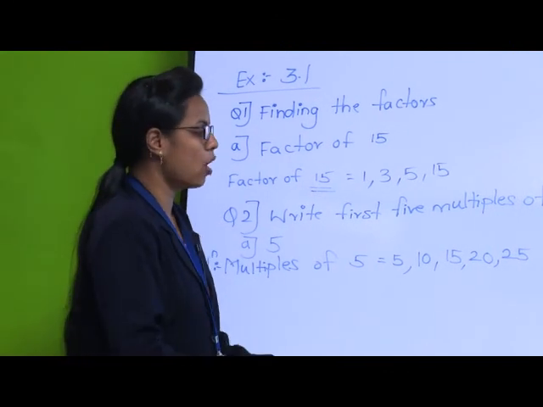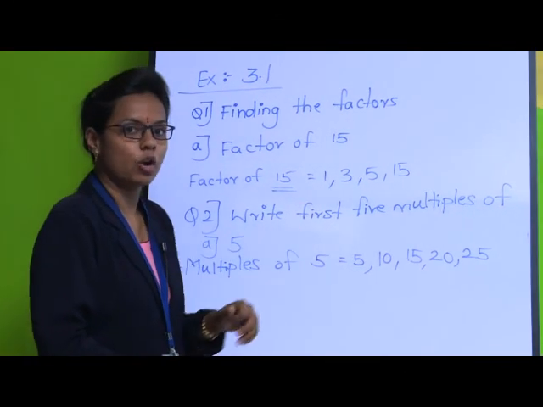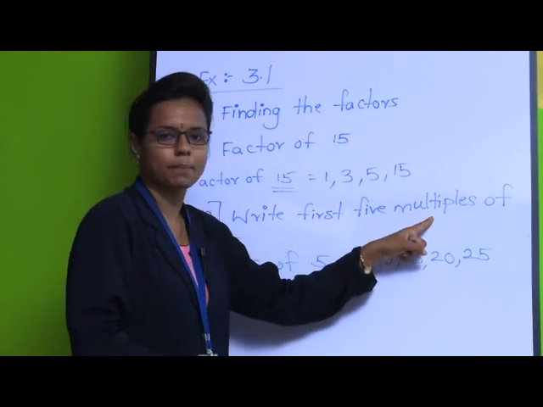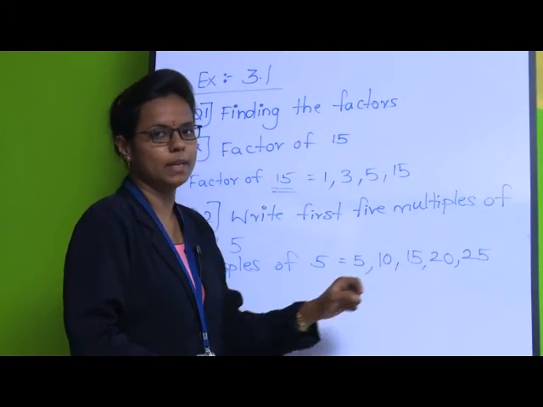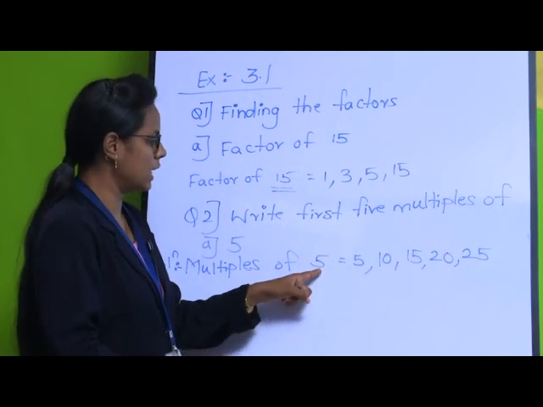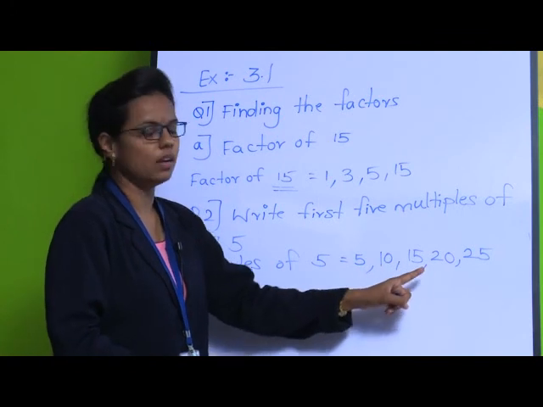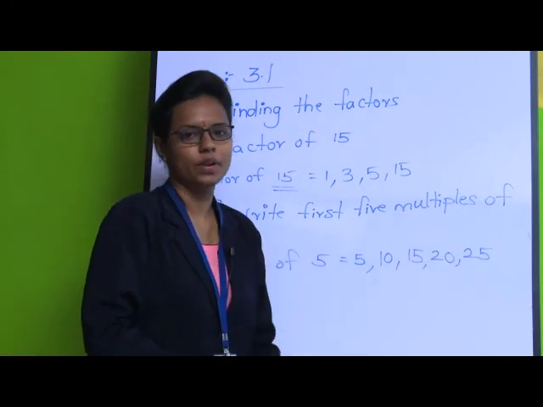We stop here because the question itself says to write the first 5 multiples. So the first 5 multiples of 5 are 5, 10, 15, 20 and 25.